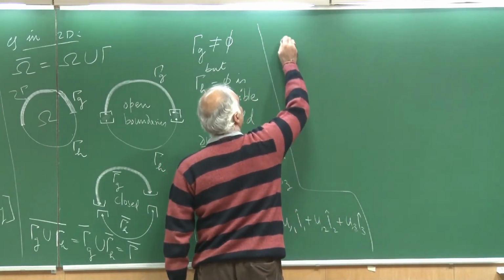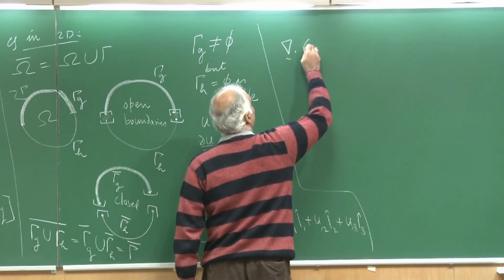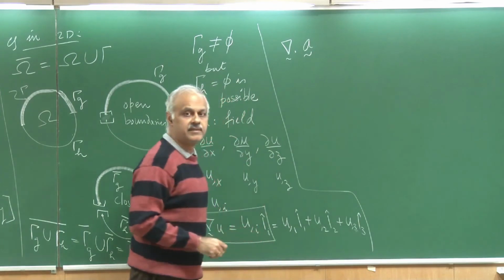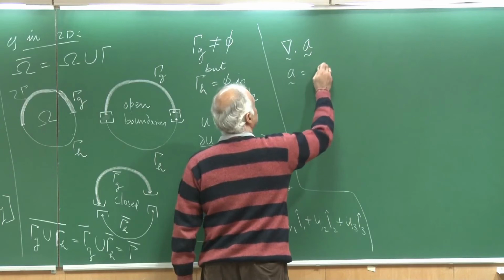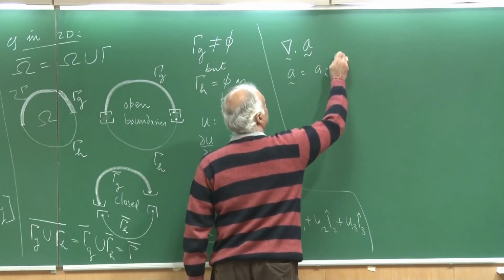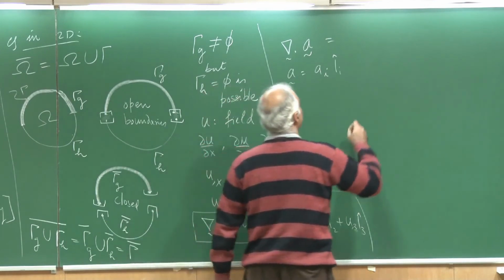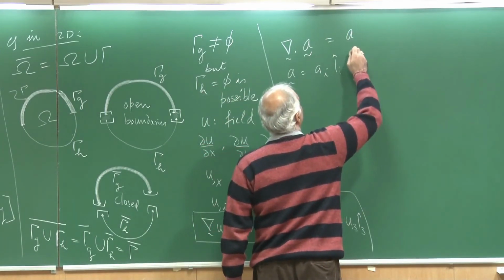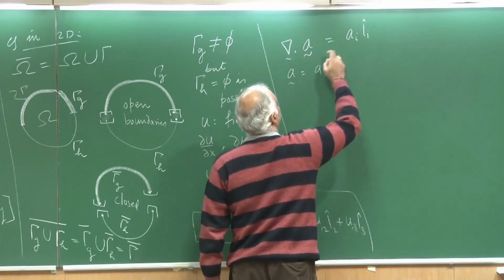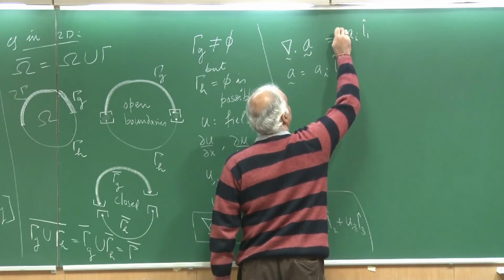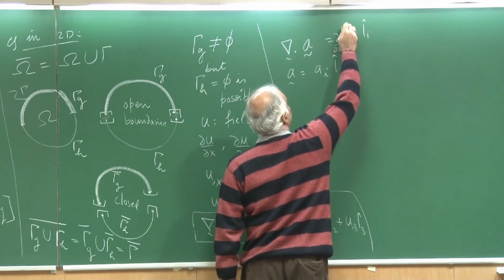Similarly, if I am interested in the divergence, let's take a minute and look at the divergence of, let's say, a vector. Let me call this a vector A. Okay, and A is Ai Ii. So the divergence of A can simply be written as del dot Ai Ii, and the gradient operator is something like del by del xj of Ij.